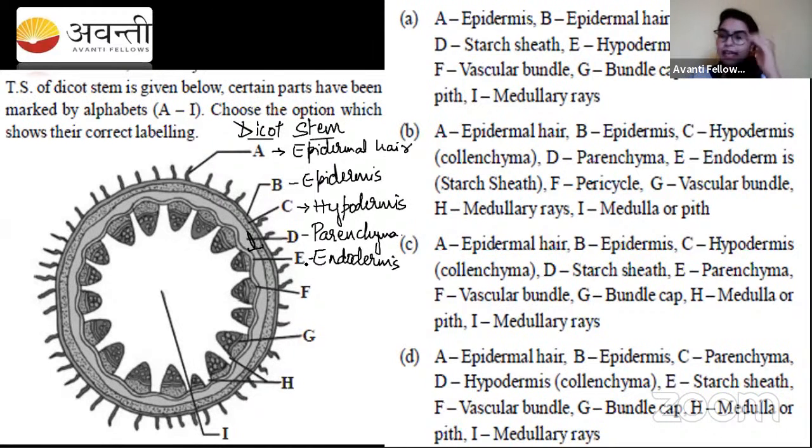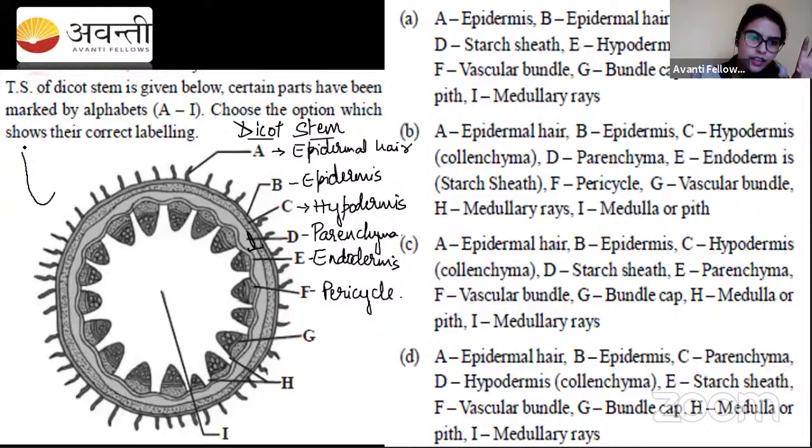Under the endodermis, you're going to get a patch of cells called the pericycle. Immediately next to the endodermis will be the pericycle. See, this F refers to the pericycle. In your NCERT, they have given a patch of cells as the pericycle. Let me show you.